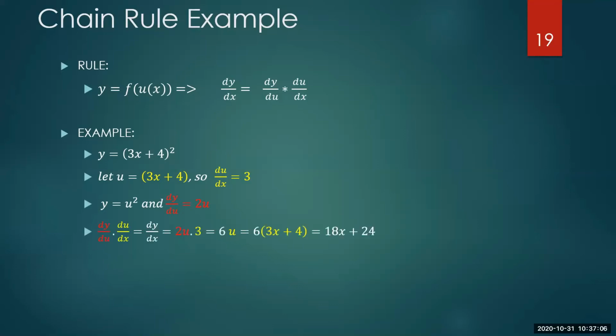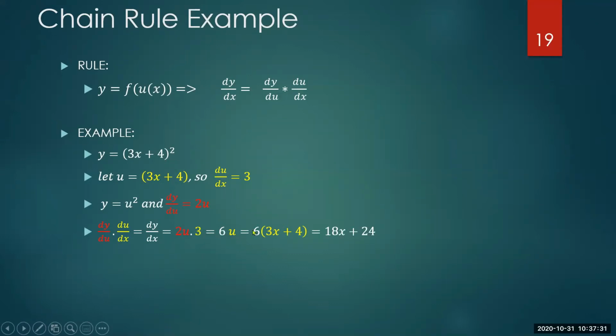And so finally, we can say dy du by du dx is equal to dy dx, and you can see the dy du piece is in red and the du dx piece is in yellow, just to be able to follow it a bit more easily. So dy du is 2u, du dx is equal to 3, that's equal to 6u.